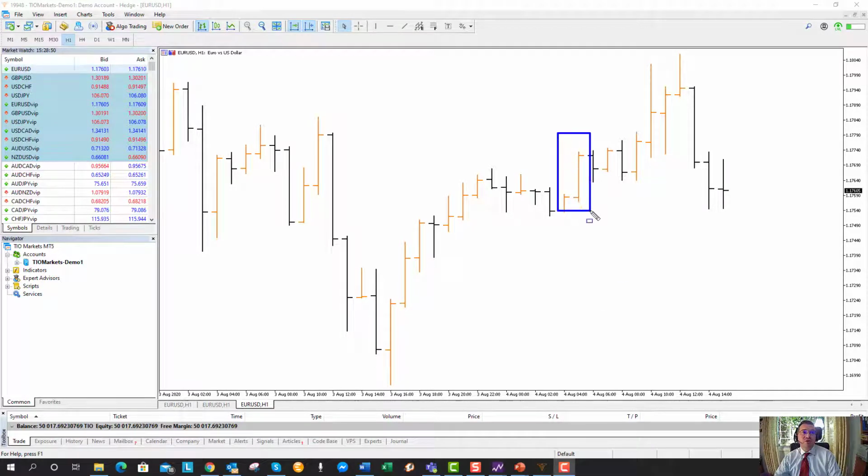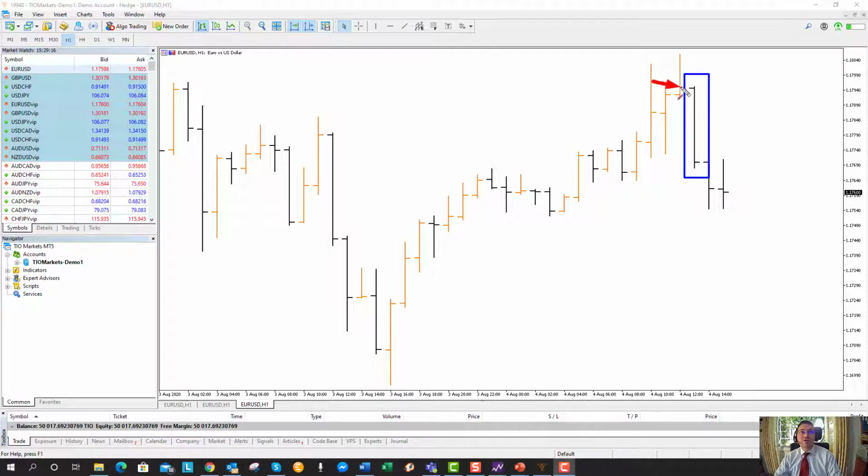So let's focus on this candle here. Here we can see the opening price and the closing price. A positive value would be when the closing price closes above the opening price. Now, the opposite is true on a negative value bar.